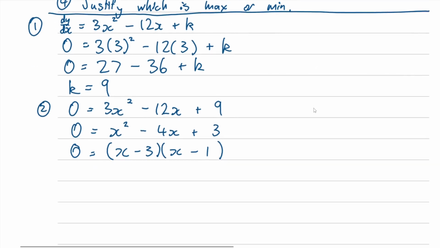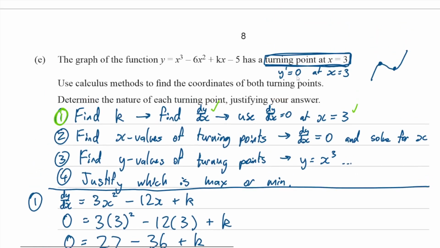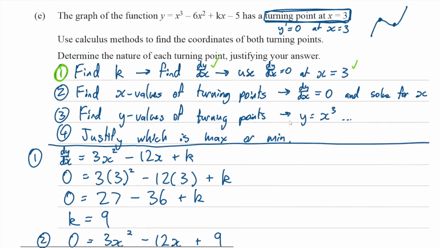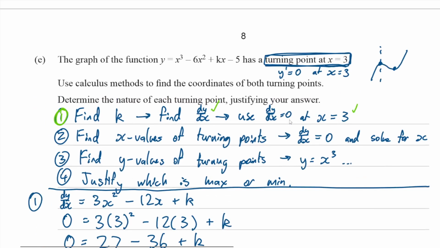Which means if we're to solve for it, either x minus 3 equals 0 or x minus 1 equals 0. Which means x would equal 3 or x would equal 1. Now let's double check. So there's a turning point at 3. That's great. But there's also one at x equals 1. So we know that this point is at x equals 1 and this point is at x equals 3. All good, done that.